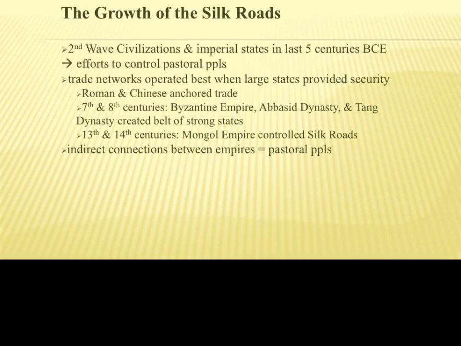Okay, now the creation of the second wave civilizations and the imperial states in the last 500 years BCE really included efforts to control the pastoral peoples. And trading networks do the best when they are supported by large states or larger empires. And that's for security.